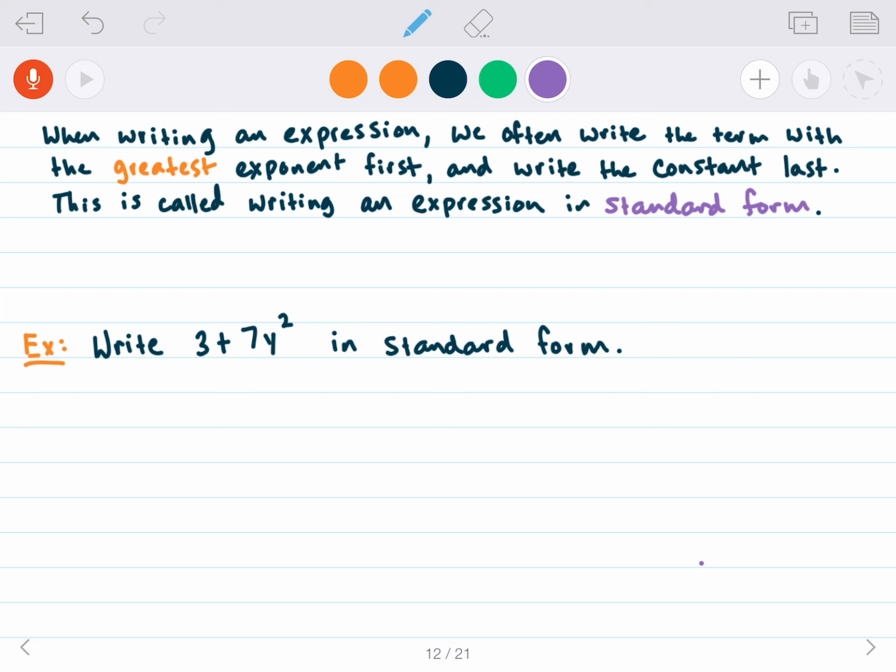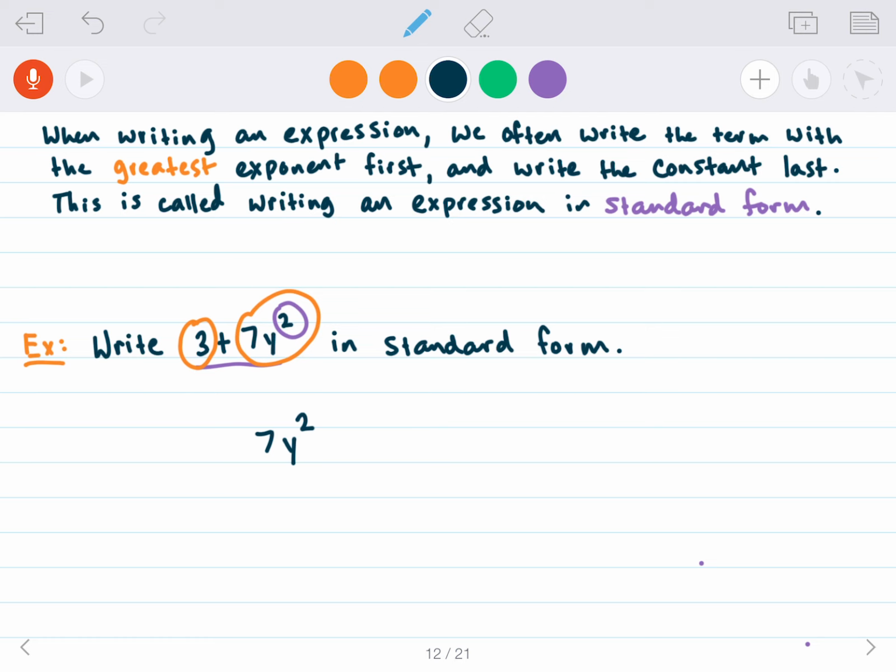So for example, if I gave you this and I said, hey, write this in standard form, we want to write the highest exponent term first. Now there's two terms, there's this one and there's this one. So the constant goes second and the term with the highest exponent comes first. So 7y squared, again, is a term because that is all stuck together with multiplication.